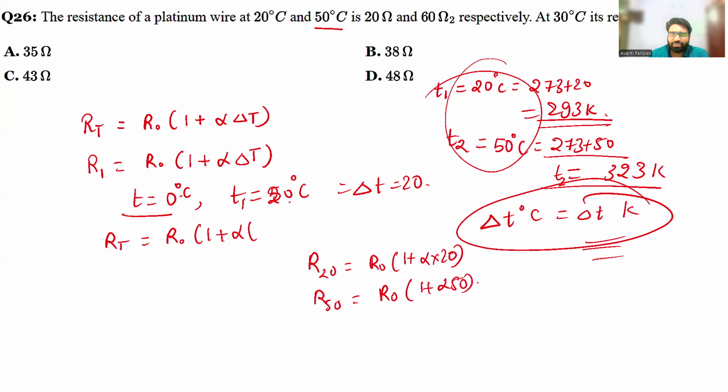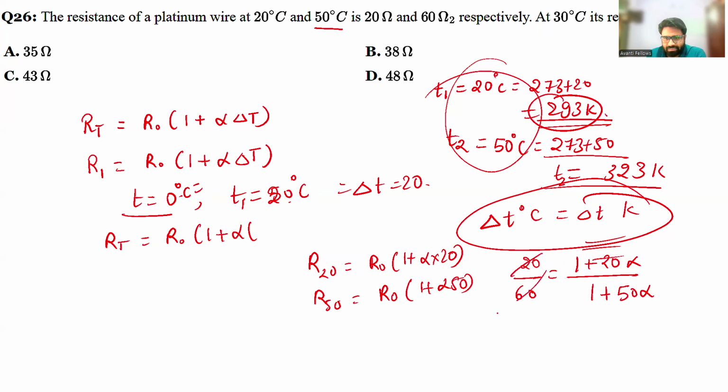You can take the ratio here. R20 and R50 are also given to you as 20 by 60. R naught and R naught will cancel out. 1 plus 20 alpha over 1 plus 50 alpha. If you take the temperature in Kelvin also, at 0 degrees Celsius the Kelvin temperature will become 273, so ultimately you have to subtract this value from 273.